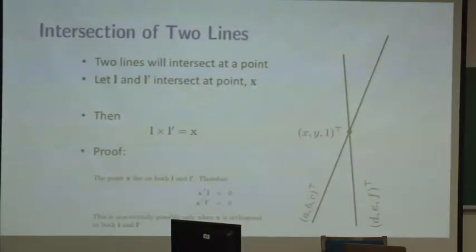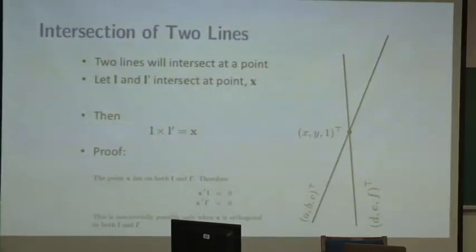There is a non-trivial solution only if x is orthogonal to both L and L prime, because the dot product of two orthogonal vectors is 0. Recall that from your algebra. So the lines are on the plane. If x is orthogonal to L and also orthogonal to L prime, then it must be orthogonal to that plane, which is what is given to me by the cross product. And so this completes my proof.